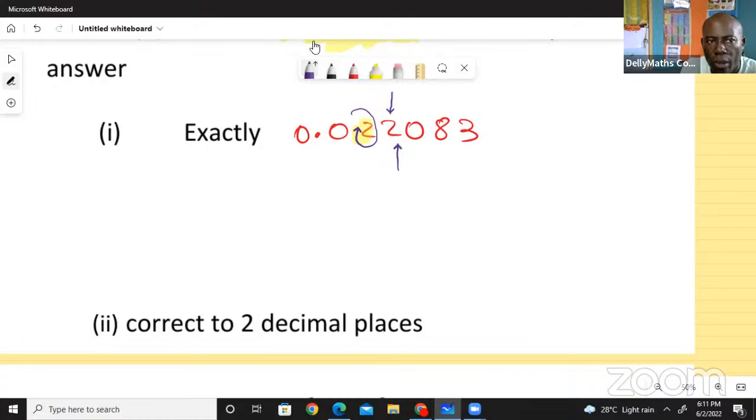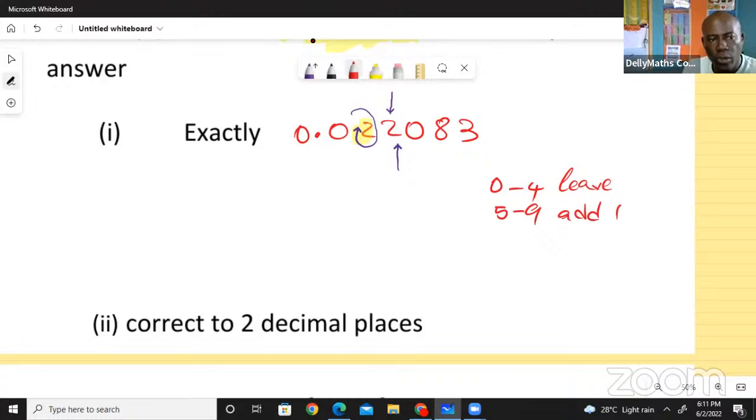And watch this now. If that number to the right is in the 0 to 4 category, we're going to leave the spot. But if it is in the 5 to 9 category, we add 1 to the spot. So you could see that the digit is in the 0 to 4 category, so we're going to leave the spot.